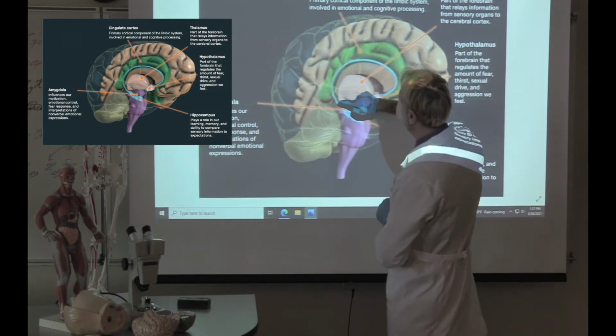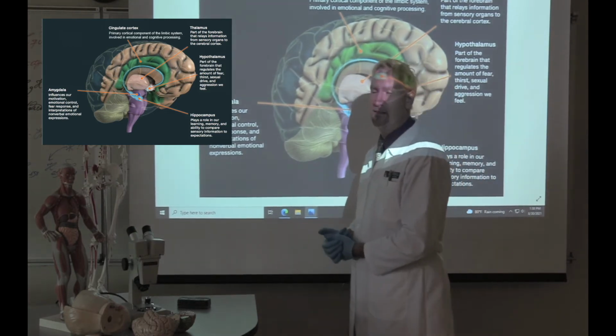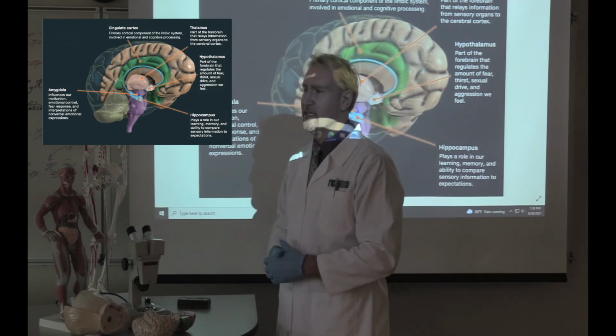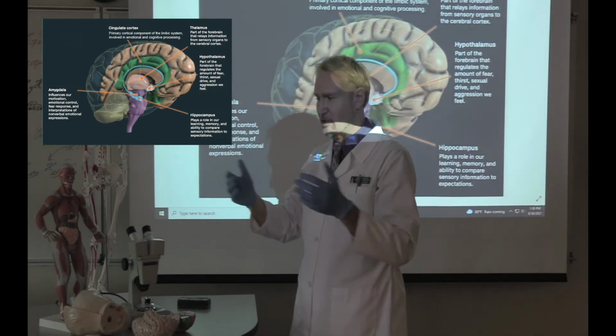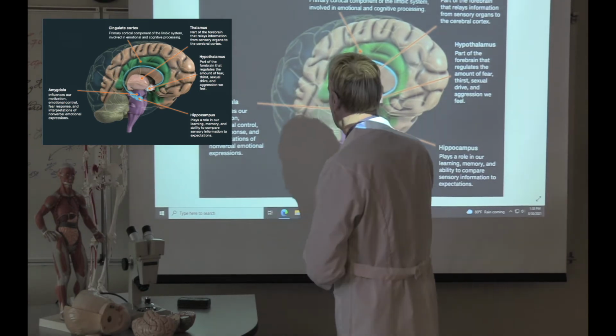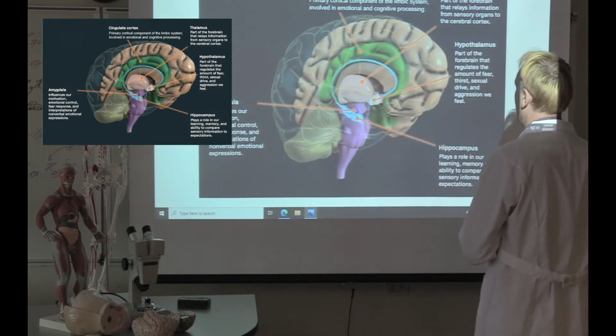Right here on top, we see again the cingulate cortex, which of course comes from the Latin cingulus. It's pretty self-explanatory, and cortex again is Latin for bark, not bark as a dog, but bark as in the external layer, as in the tree, which is the primary cortical component of the limbic system.